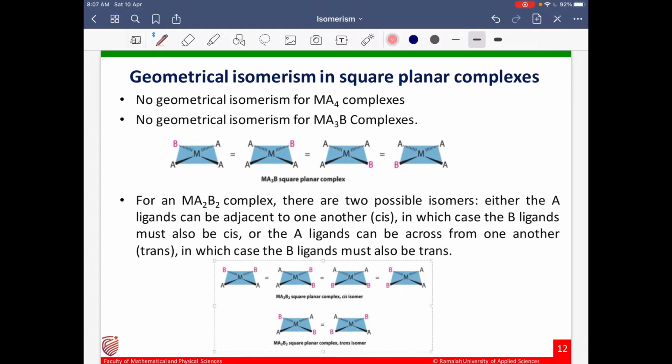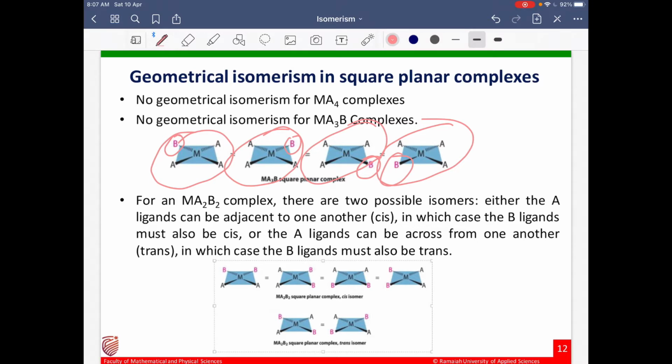No geometrical isomerism for Ma3b complexes. If you draw the structures of the square planar complex Ma3b and change the relative position of the ligand b, they are all equal because all vertices of a square are equivalent.